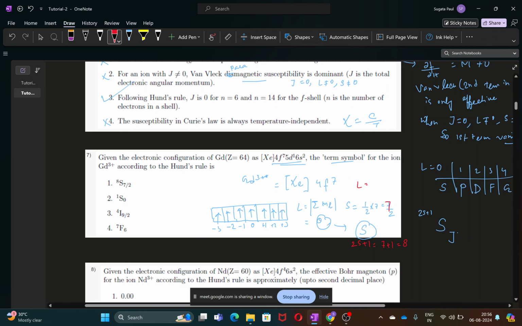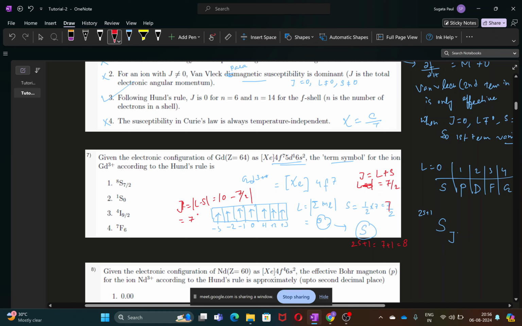Using any of them, let's say we use L plus S: L is 0, so 0 plus 7 by 2 is 7 by 2. Or you could have also used J equal to mod of L minus S, then also you get the same answer, because it is half filled, so either rule will apply.